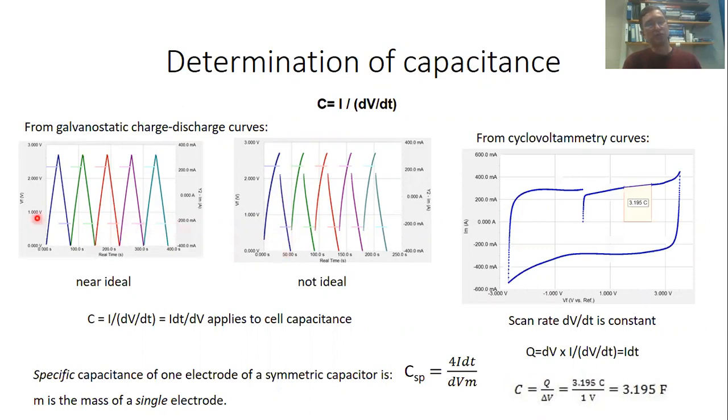This capacitor here represents a capacitor which is ideal, meaning you have no internal resistances to deal with. You also have no redox processes taking place at all. This is a more realistic case in which you have internal resistances within your capacitor.